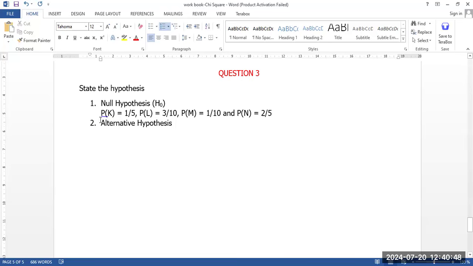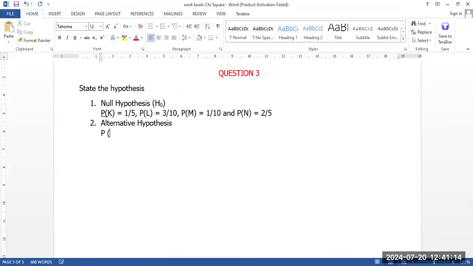The null hypothesis. If you stated that the probability of K is equal to this, the probability of error is equal to this, then your alternative is to oppose, to say that the probability of K is not equal to this. That's what you are going to state.